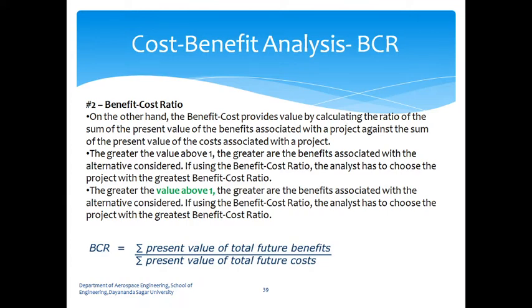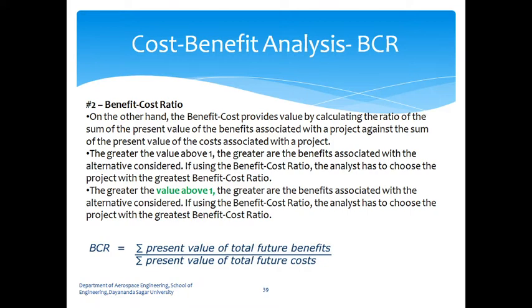Just to give you an example, suppose 1 unit costs 1 rupee and you are going to sell 100 units. That means after 1 year you get a benefit of 100 rupees. But when you are comparing, you need to bring everything to either present value or future value. When it comes to present value, that 100 rupees one year down the line is not 100 rupees today. It may be only 90 rupees or 95 rupees based on the interest rate.